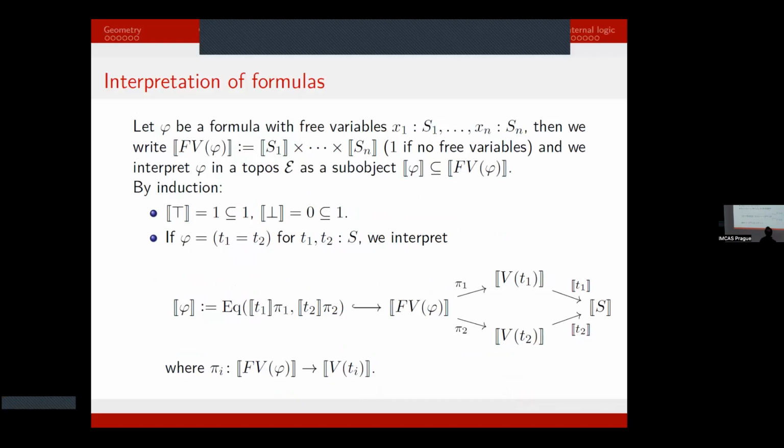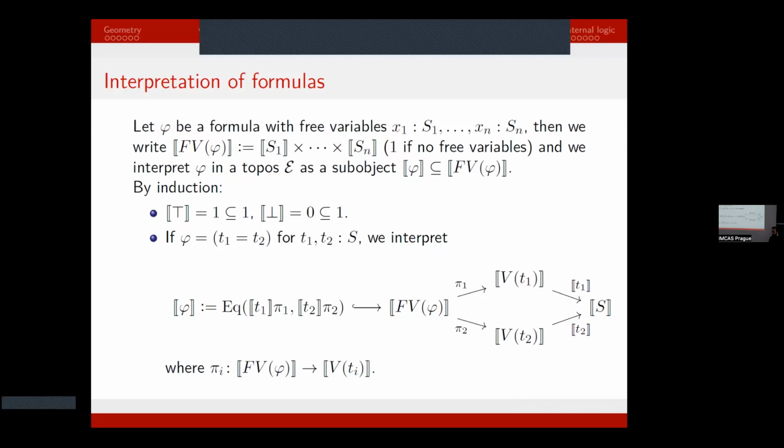Okay. Now formulas. We have a formula with 3 variables like that. We will simplify by denoting FV the interpretation of the product of the sorts of the 3 variables that appear in the formula. And we interpret the formula as a sub-object of the 3 variables. Now, what does this mean? We have to think about set theory. How do we interpret a formula in a set?